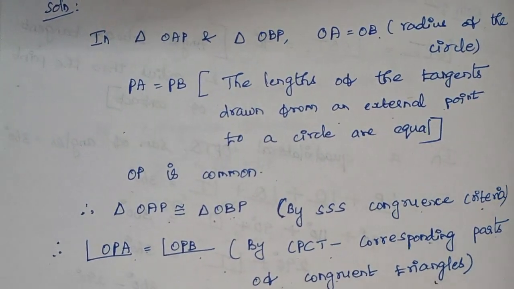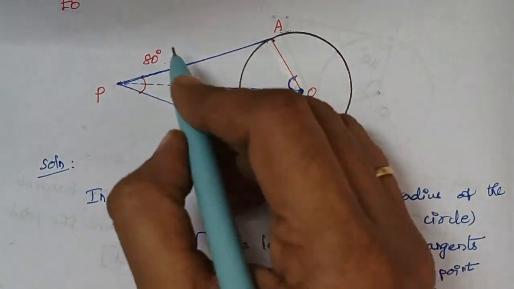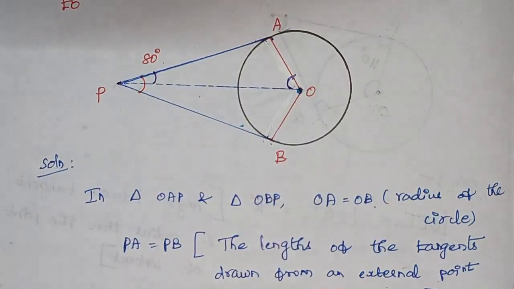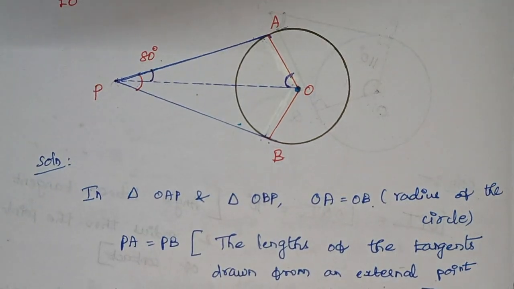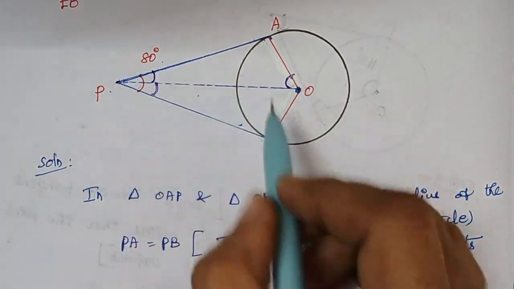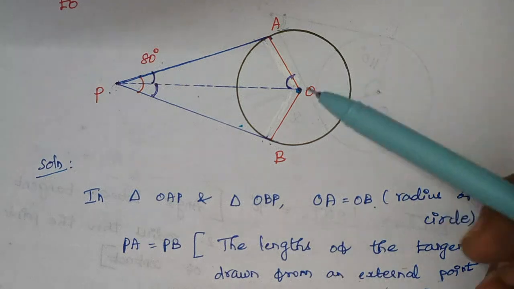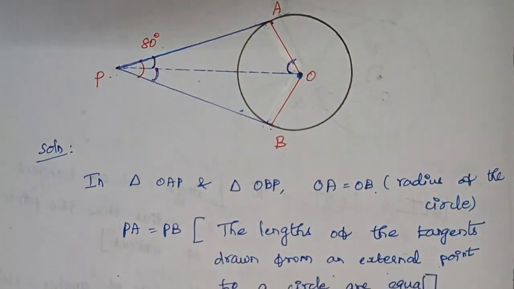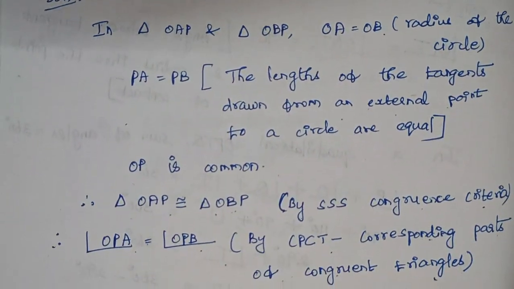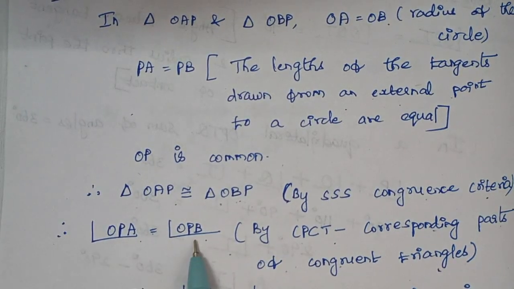Again we will look back. Angle OPA, that is this angle, is equal to angle OPB. The reason is, since these two triangles are congruent, by using the CPCT criterion we can tell that this angle is equal to this angle.